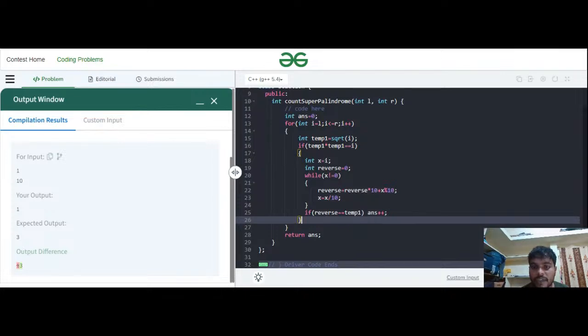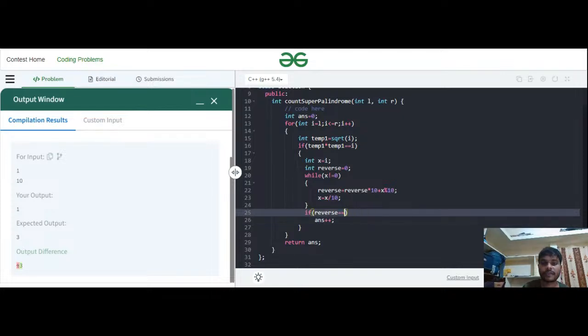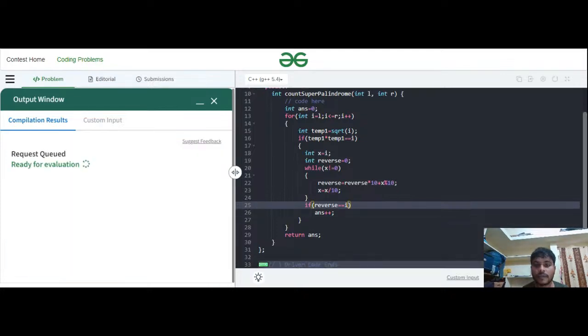Here somewhere we did wrong. Reverse temp 1. Sorry guys, here we have to check it to I, right? We are checking the reversed number is equal to I. So it is temp 1 is a square.